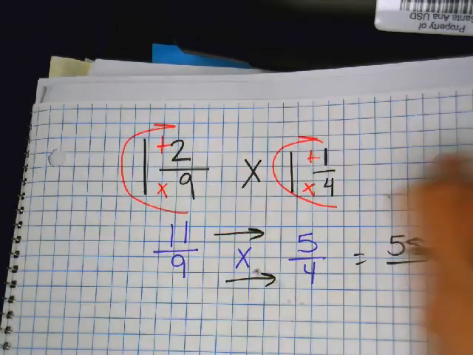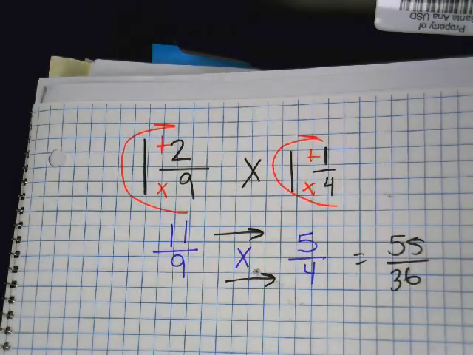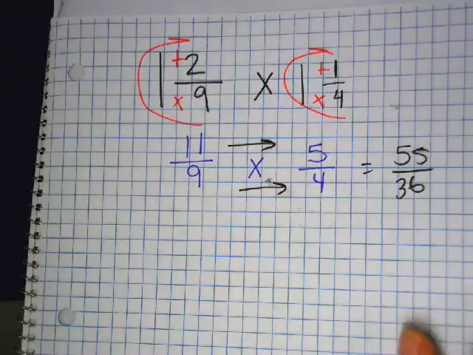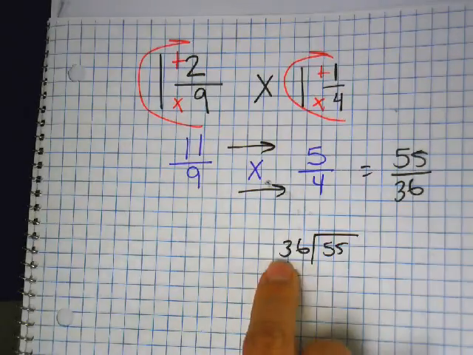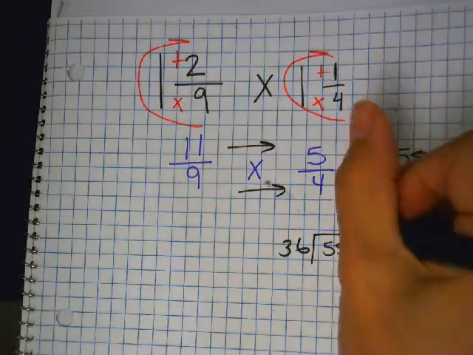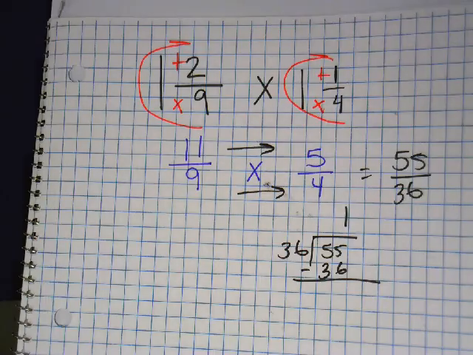55 over 36. All right. Looks hard, but not really. 55, 36. How many times does 36 go into 55? 1. Okay, so everybody right now subtract 55 minus 36. You guys can all do that. Everybody subtract, borrow.